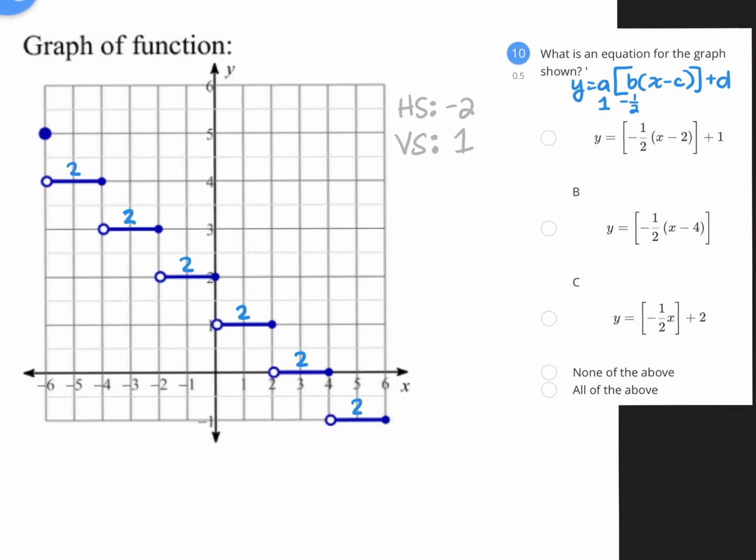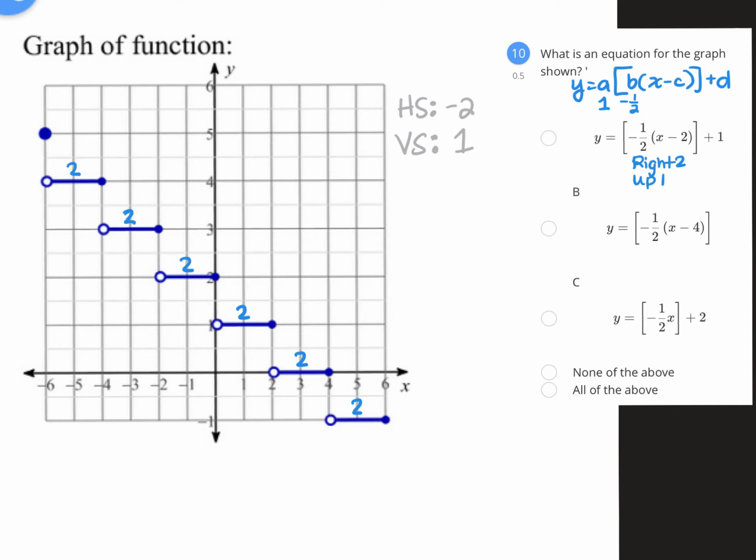So when I look through, all three choices have those options. What's left is to determine, does the left-right shift in each of those equations actually correspond to the graph that we're seeing? So for this one, we see it's going to go right 2 and up 1.